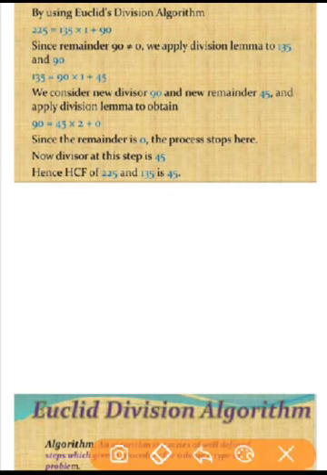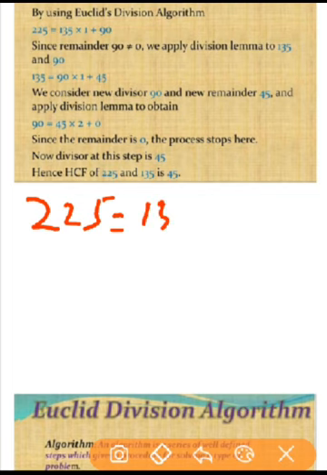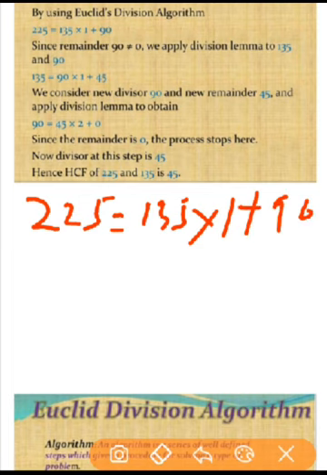Our first step is done: 225 is our dividend, 135 is our divisor, 1 is our quotient, and 90 is our remainder. Right?